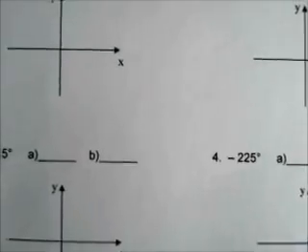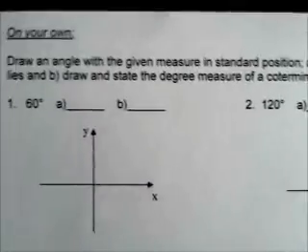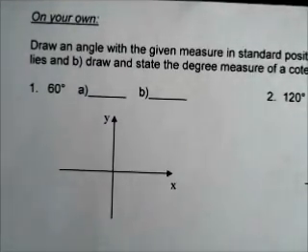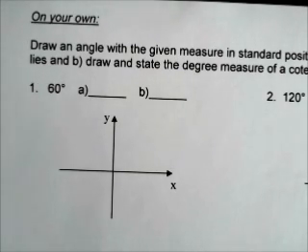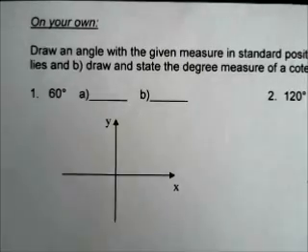Next page. We want to draw an angle with the given measure in standard position, tell which quadrant the terminal side lies, and draw and state the degree measure of a coterminal angle. All right, so remember our quadrants. Let's do that first.